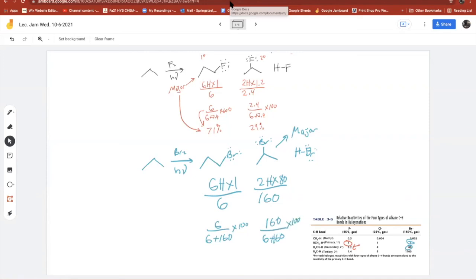So what do I wind up with in this math? 3.6% of the primary, not much. And 96.4%. So that's definitely major, huh? Bromine's real selective.